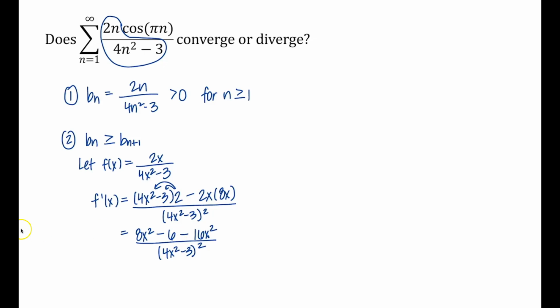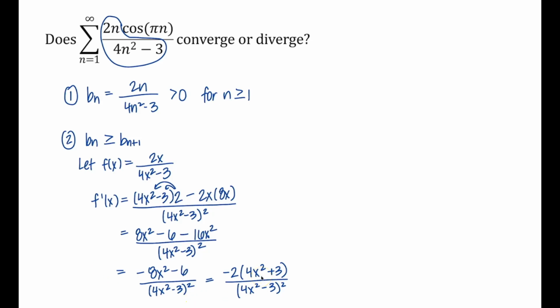I have like terms in the numerator, leaving me with negative 8x squared minus 6 over 4x squared minus 3 squared. All right, in the numerator, I can factor out a negative 2. So I have negative 2 times the quantity 4x squared plus 3, all over 4x squared minus 3, all squared.